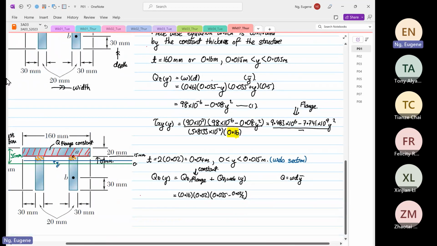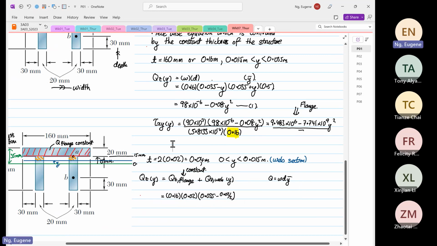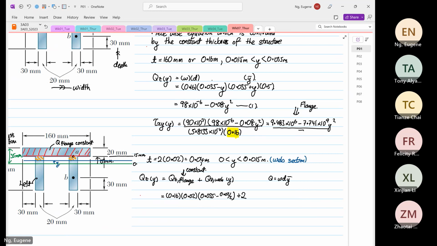Let me shift this across. I need space. Then plus twice, because you have a left web. So this is the left web, and this is the right web.